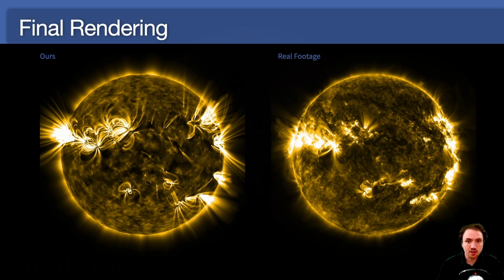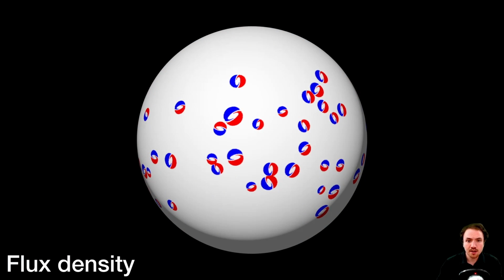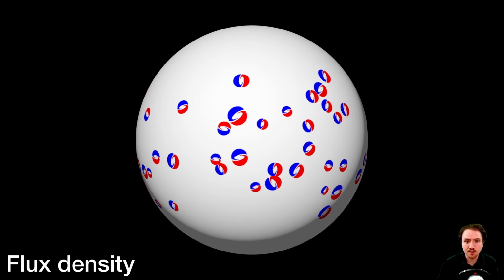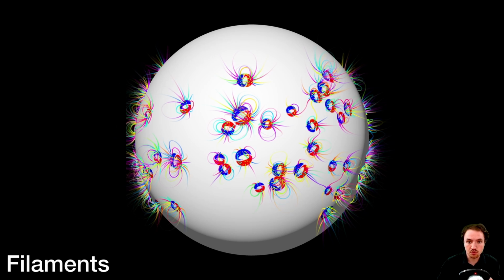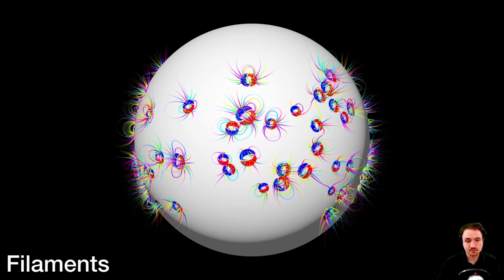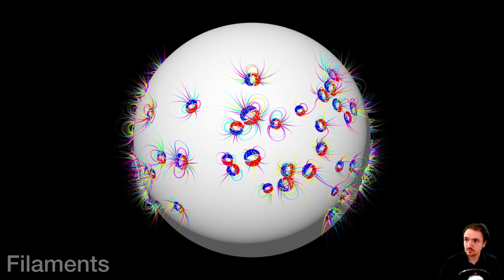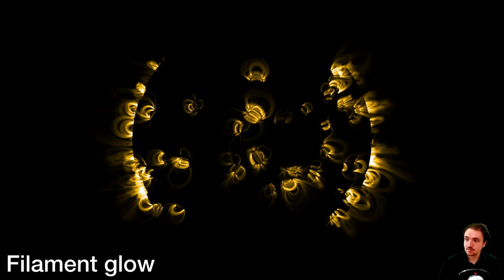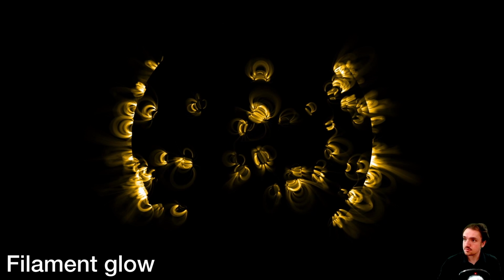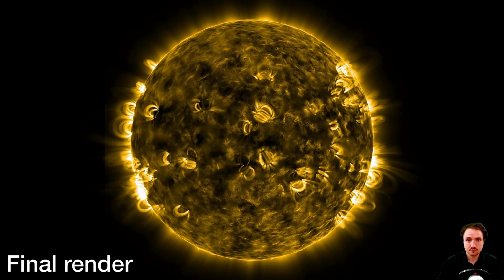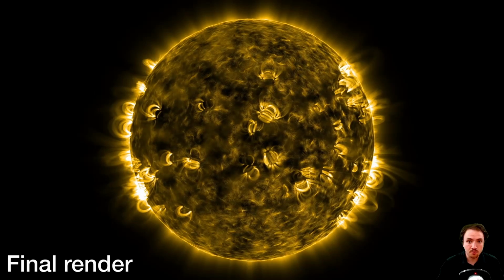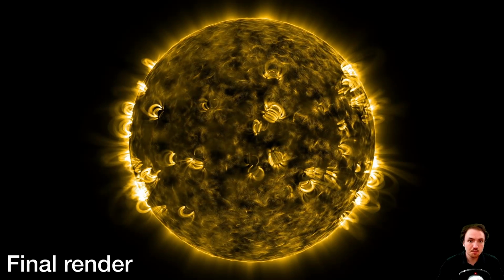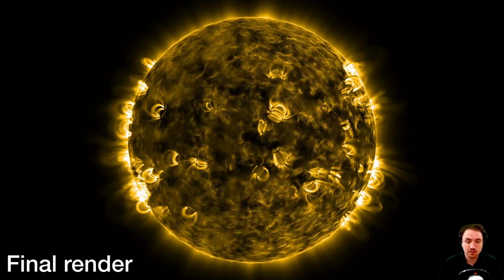Of course, we are not limited by NASA data. We might as well design flux data or filament sets ourselves and run them through the code. We also add some animated noise to the glow to mimic the small-scale glow variation seen in real data.